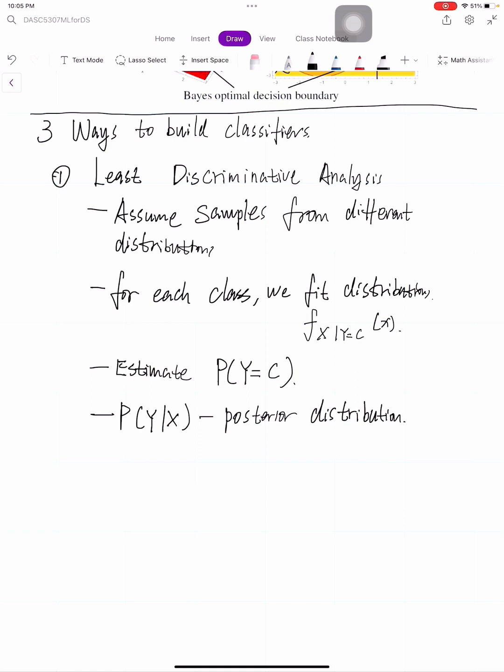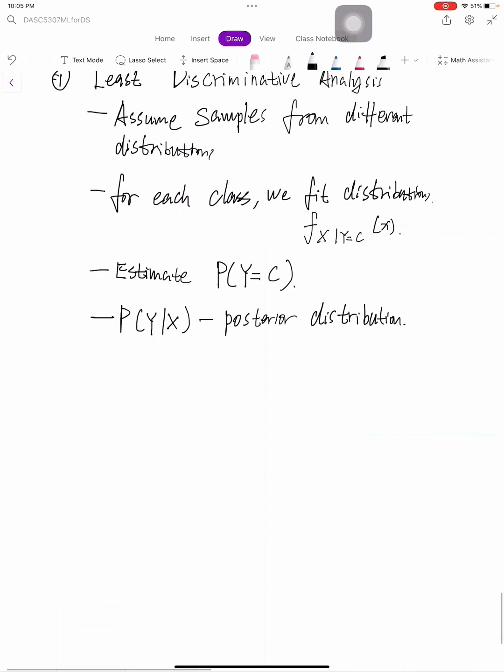Once you calculate the posterior distribution, you can pick a loss function. And then you can use the formula I introduced in today's class. We can build a Bayesian classifier.